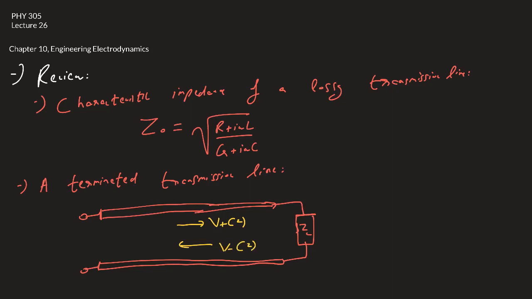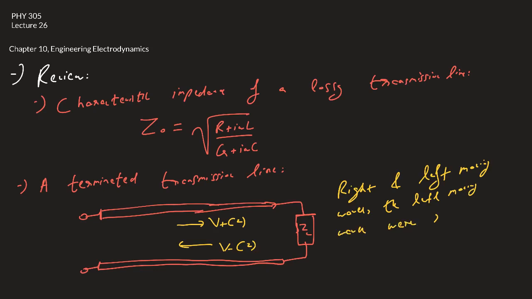So we basically discussed that because of the load at the end, because of the termination at the end, we have right and left moving waves, and the left moving waves were reflections of the right moving wave.